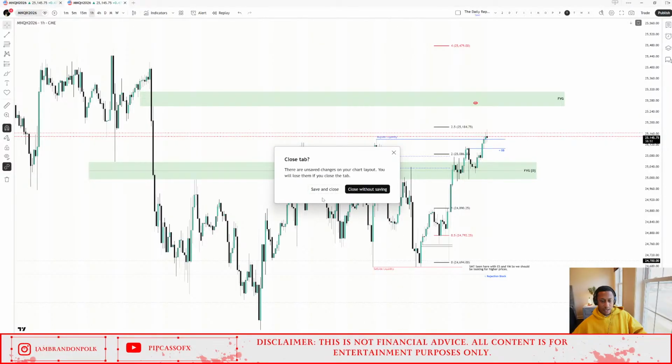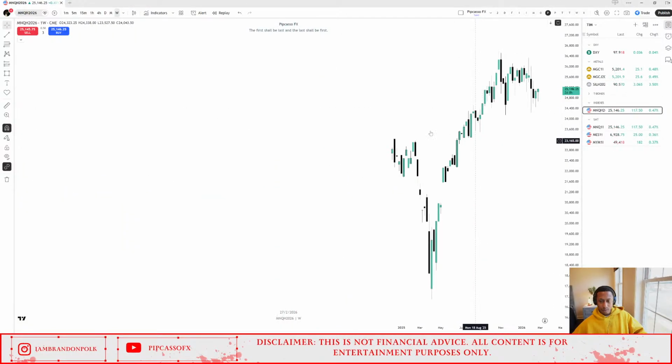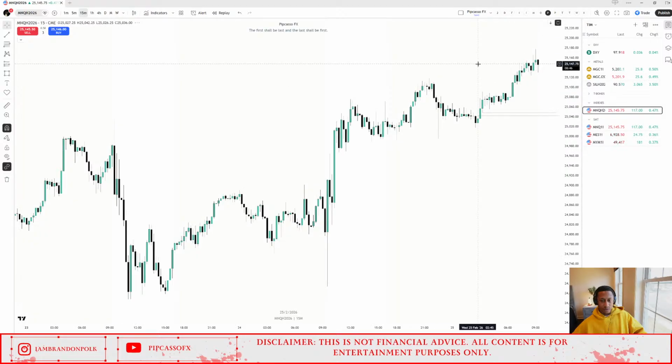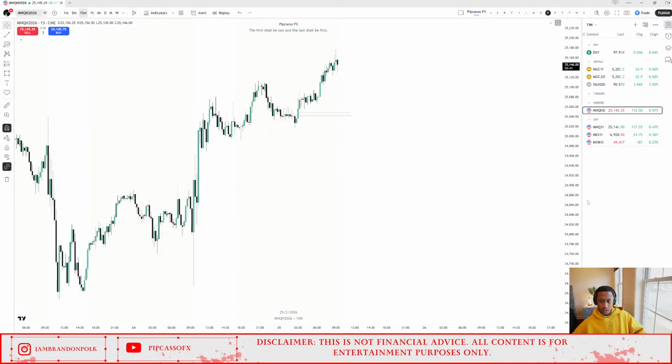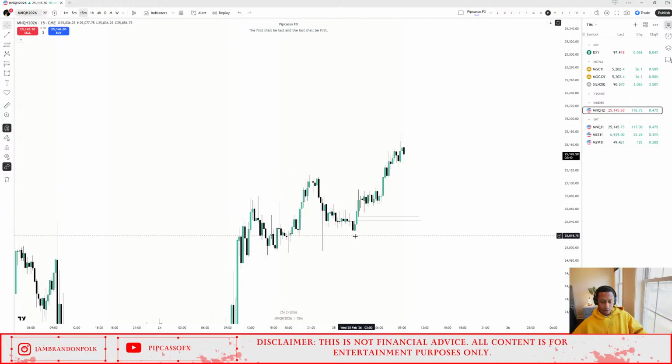We can close that because I have that on a different screen. But yeah, so I was looking for down here. But even if we take this range, 50% is right here.